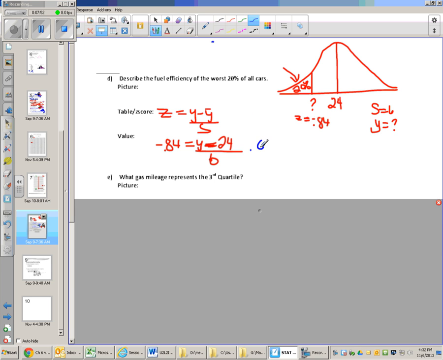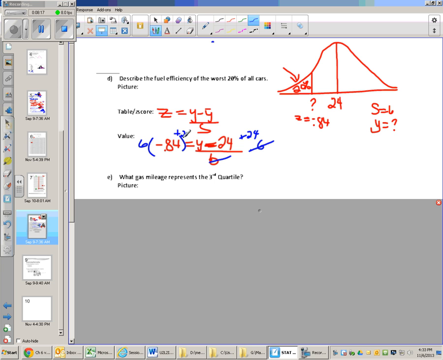Multiply by 6 on both sides, right? When you do that, the next thing you get is 6 times negative 0.84, which is some number I did not write down. And then, because this is going to cancel over here, we need to add 24 to both sides.